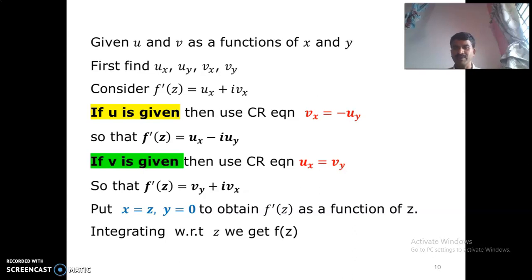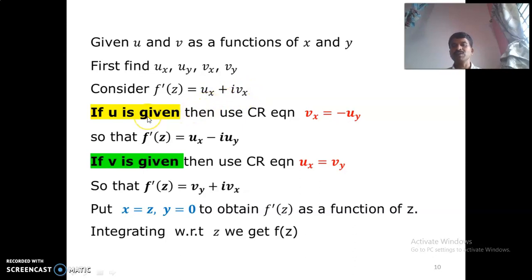Suppose in the given problem, u and v are functions of x and y, and you can differentiate u and v partially with respect to x and y. Then you can find the derivative using this relation: ∂u/∂x plus i ∂v/∂x.